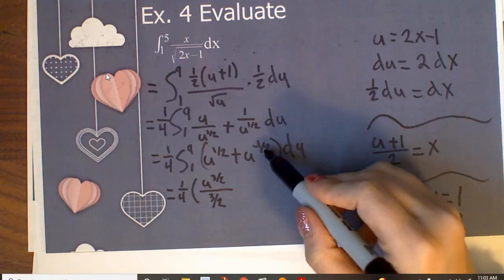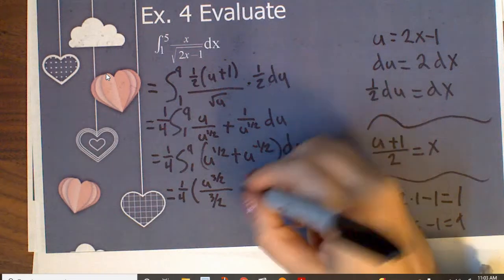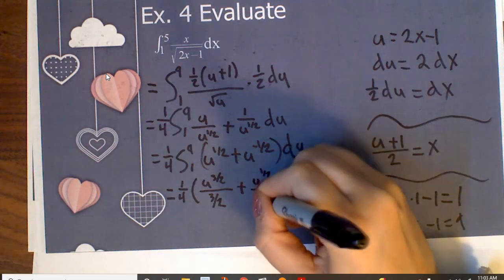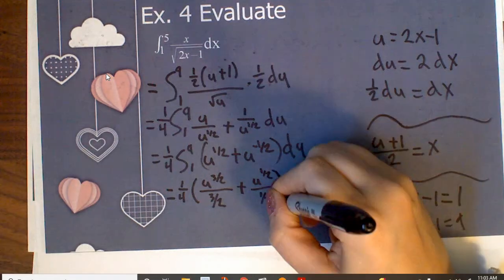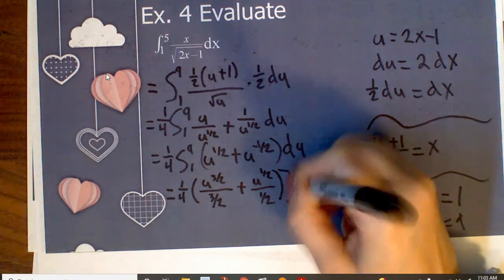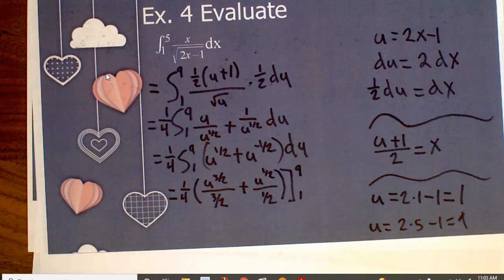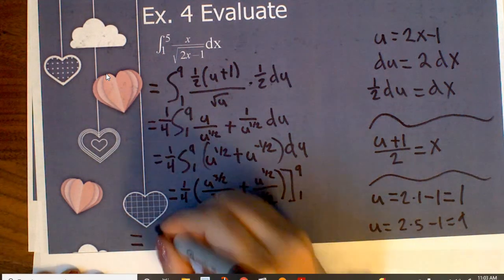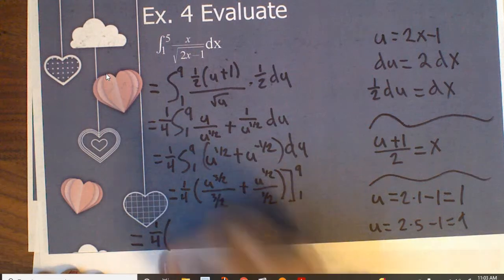And then here we would add 1, we get 1/2, so we would have plus u to the 1/2 divided by 1/2. And I'm evaluating from 1 to 9. So my 1/4 is still hanging out on the front side.